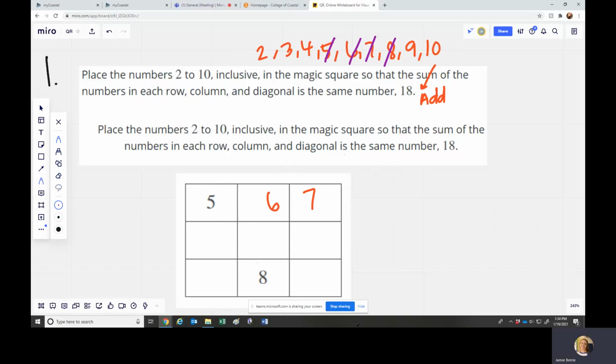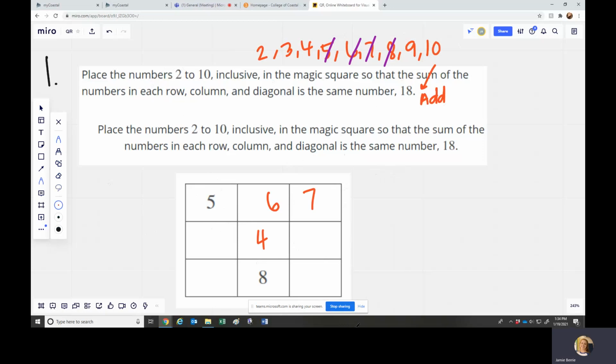All right, so now let's look here. What would we fill in the middle here if this needs to add to 18? 8 plus 6 would be 14. So how much more would we need to put here to get to 18? That would be 4, right? Okay. Now let's go this way. You could do either diagonal.